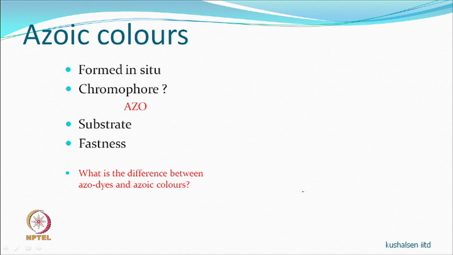The azoic colors are formed in situ and azo dyes are formed somewhere else, and azo dyes can be disperse, reactive, direct, all classes you can have.